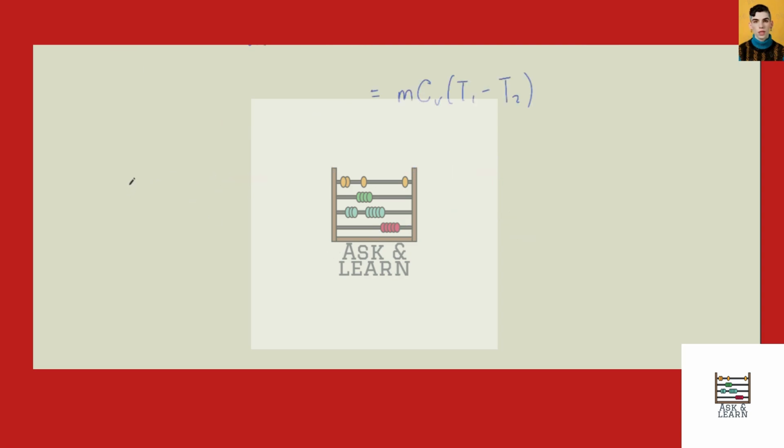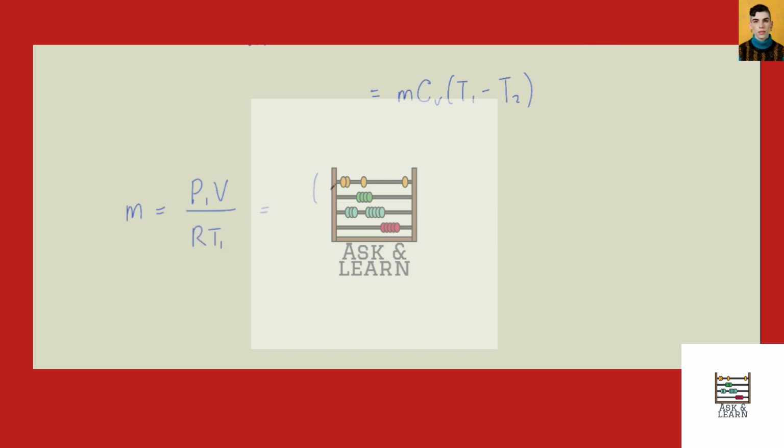Now that we have the energy balance equation, we can find, firstly, the mass of the gas. So M is equal to P1V over R T1.